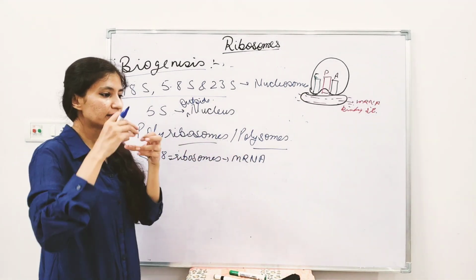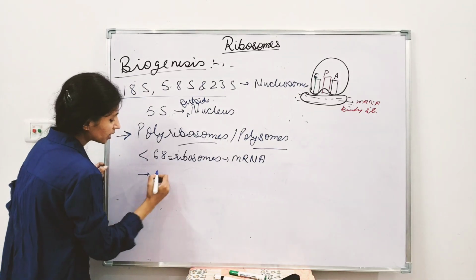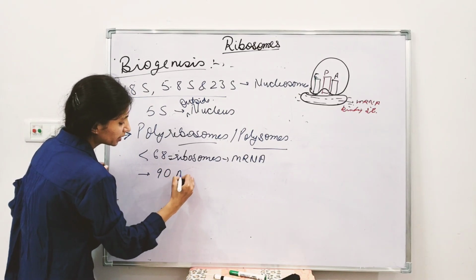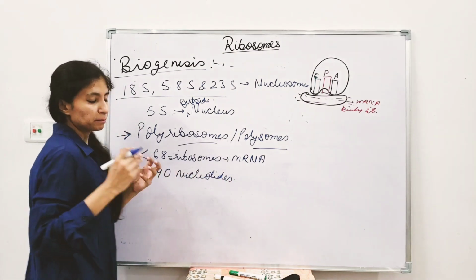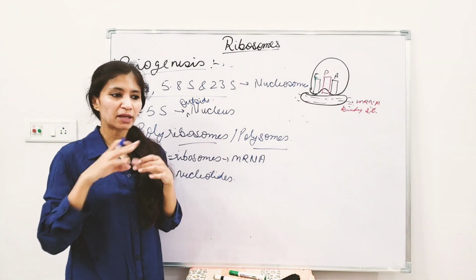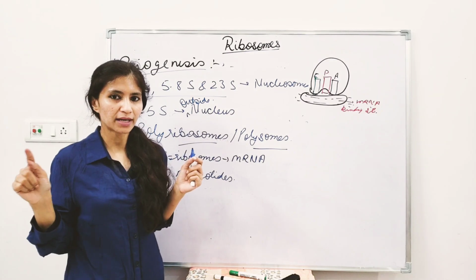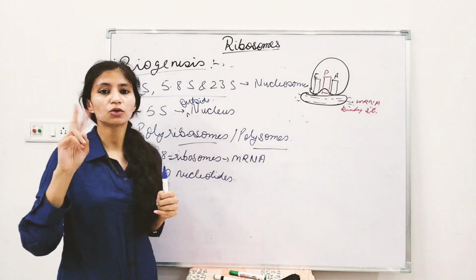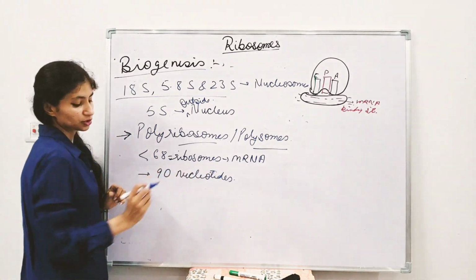But it is not like each and every ribosome attaches like a chain. They attach at a distance of about 90 nucleotides, which means two ribosomes might be attached, or 10 or 50 or 100 ribosomes on one mRNA, but the distance between two ribosomes has to be at least 90 nucleotides.